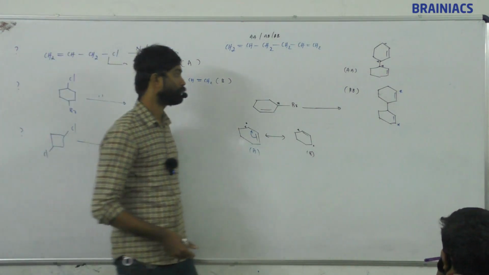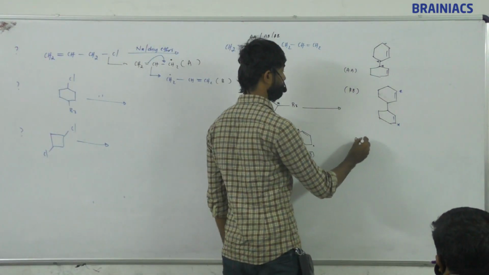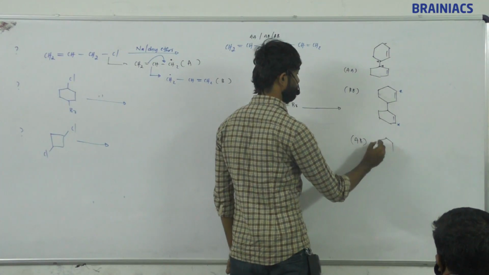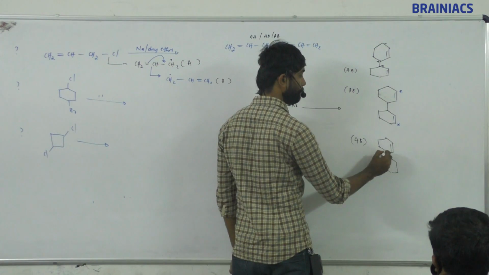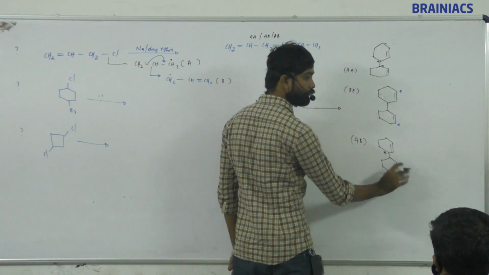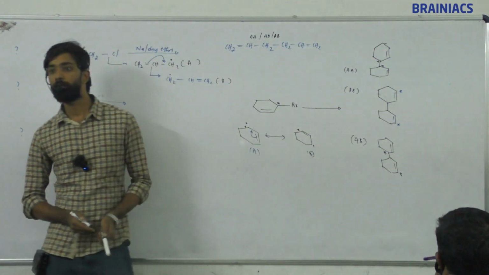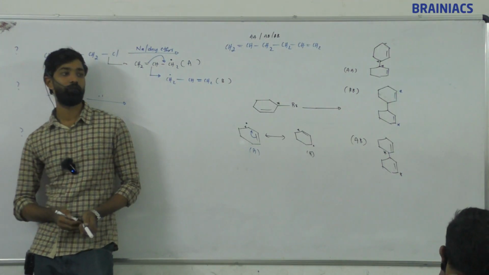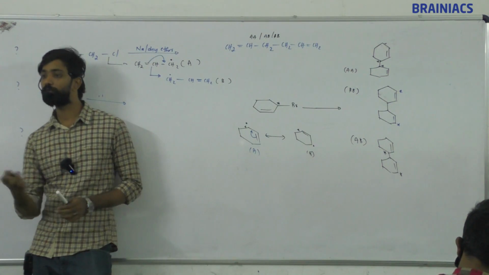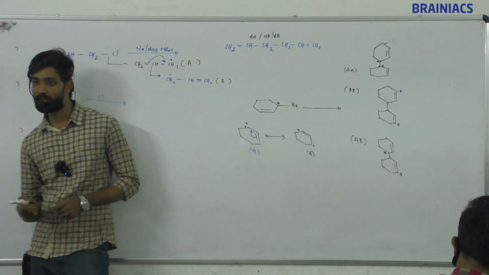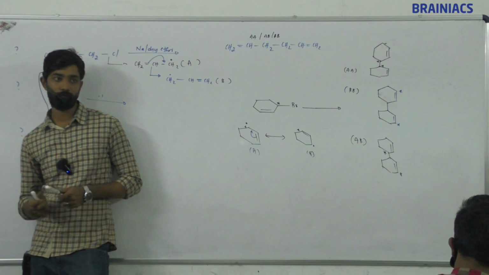Is it okay? What about AB? Here is a star. Okay. So there are actually 3 different products. Chance for 3 different if your radical is rearranged. Keep it in mind.